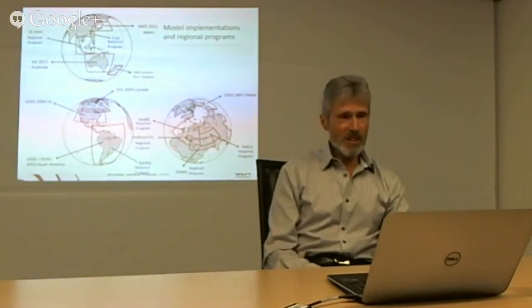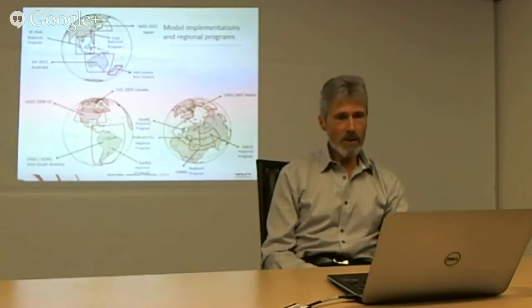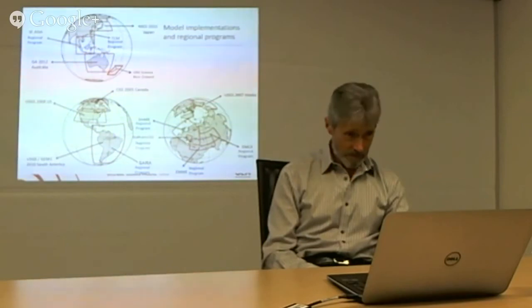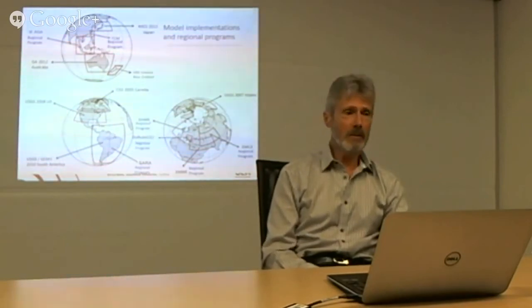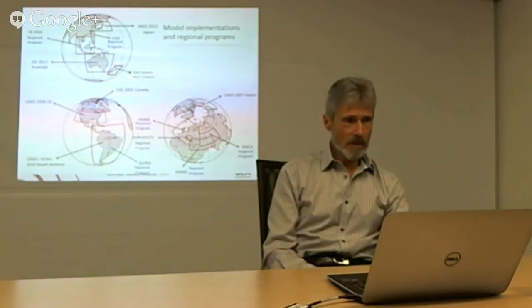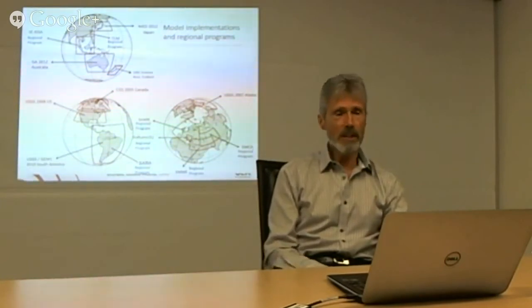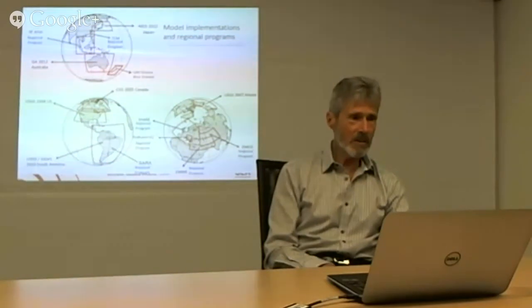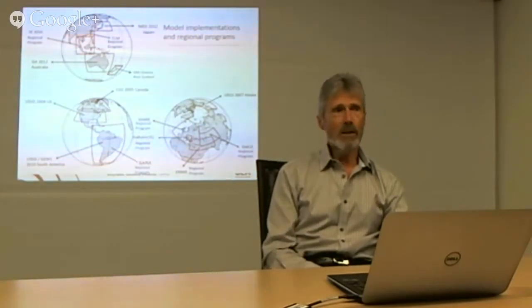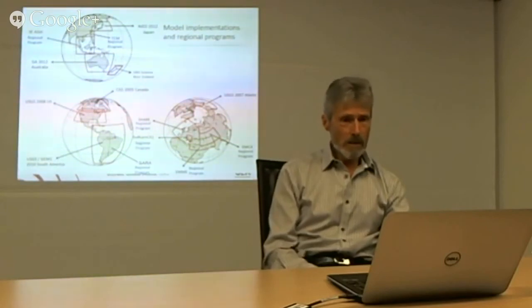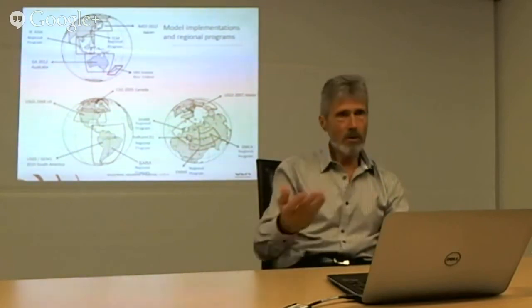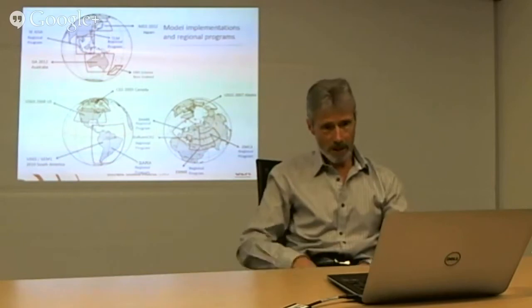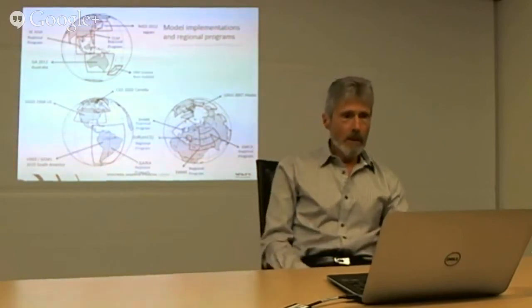I've already mentioned regional programs, and this shows you what you can find on the platform in terms of regional and national models. I think there's no need to go into detail, but just to give maybe 3 examples. There was a regional program in Europe called SHARE, which produced a hazard model spanning all Europe.